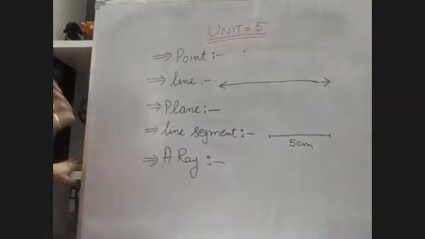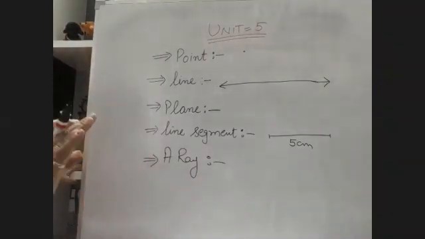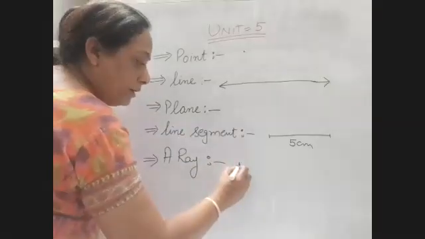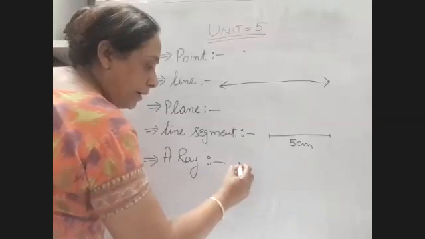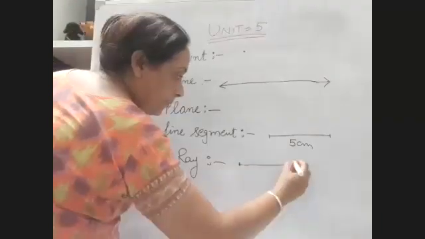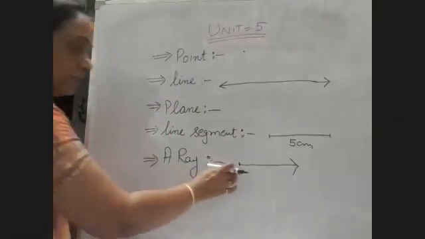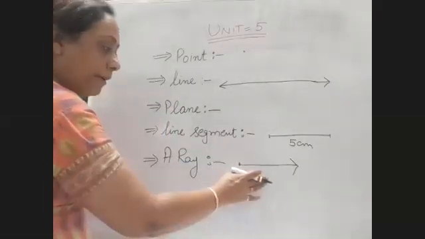A ray has an initial point, but it doesn't have an end point. For example, with the help of a scale, take a point. This is the initial point, and draw a line with endless length. This is known as a ray.